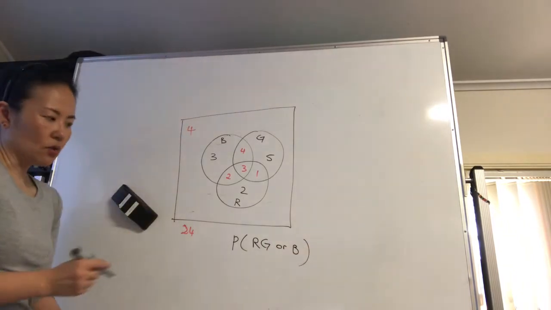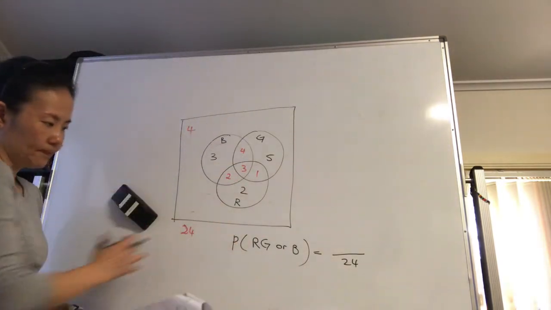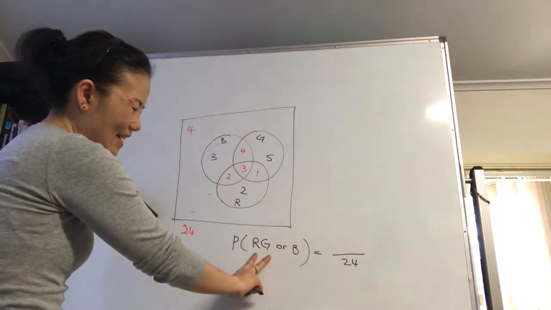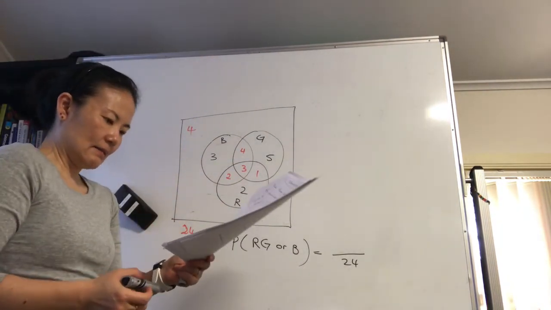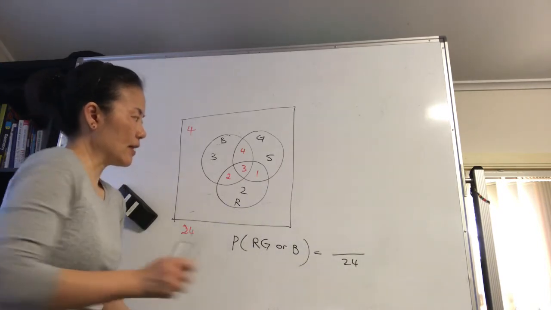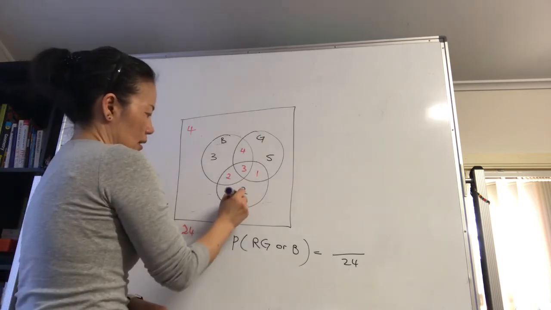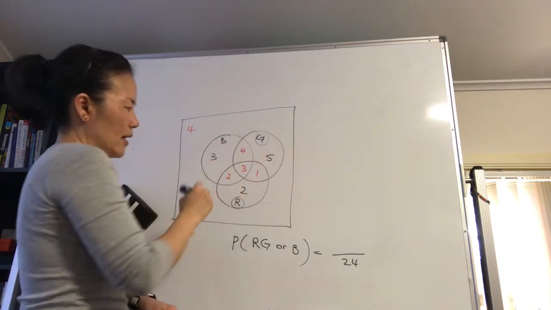Okay, so we know it's going to be 24 because that's the total. Now, red-haired guitar player. So what does that mean? I'm going to go with red hair and guitar player together.